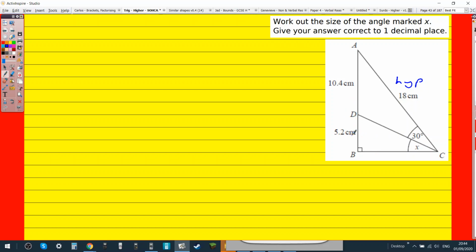So 5.2 would be the opposite in the little triangle, and so the hypotenuse for the little triangle would be CD. What would be for the total angle if you were to do it that way, like a big triangle? It would be 15.6 centimeters. Yeah, so that would be the opposite. Okay, what's next? So that's opposite.